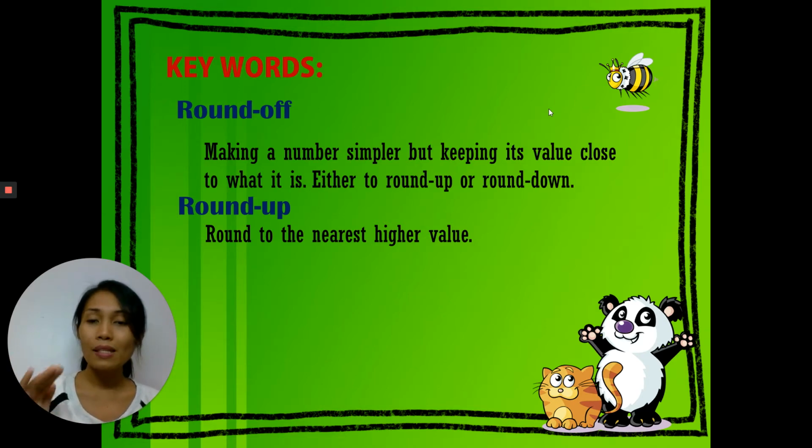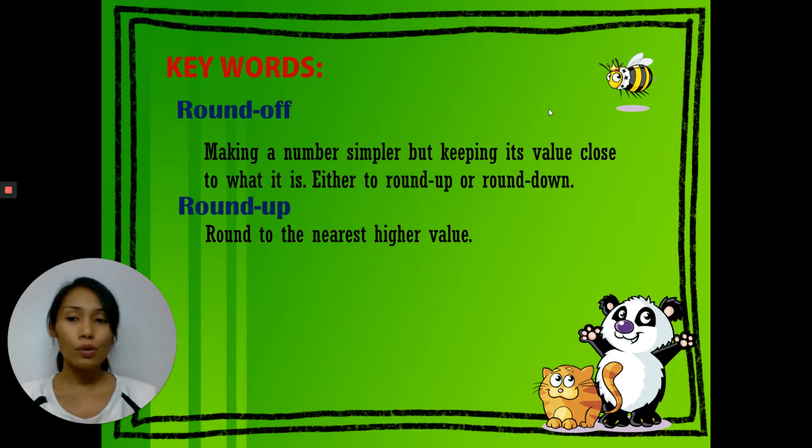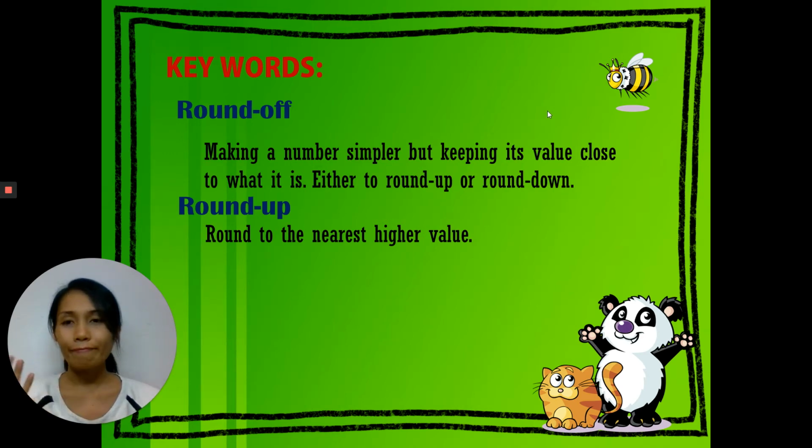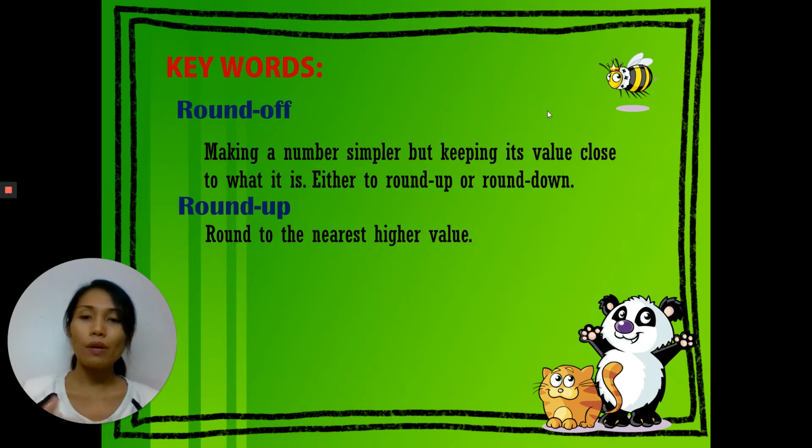But since 79 is closer to 80, then we will round up, not round down. We will not round to 60 because 60 is too far from 79, but 79 is closer to 80, right? So that's how rounding off numbers works. So that's round up, round to the nearest higher value.